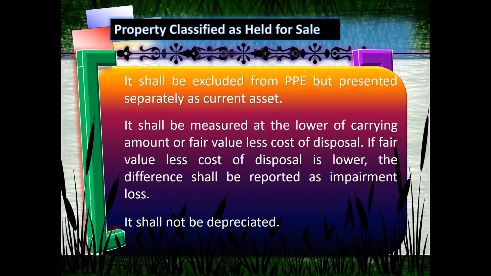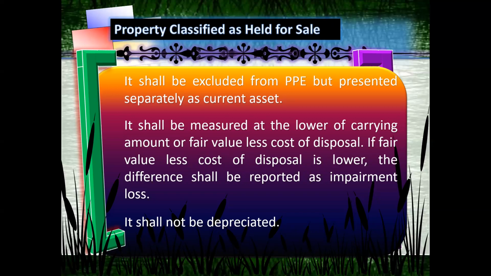Now, what about if a property is classified as held for sale? So, ano ba yung held for sale? So, ibig sabihin, nag-iba na ang intention ng management, or ng entity. While noon, they are intending to use it in the production of goods and services. So, this time, gusto na lang nilang ibenta. So, anong gagawin natin?